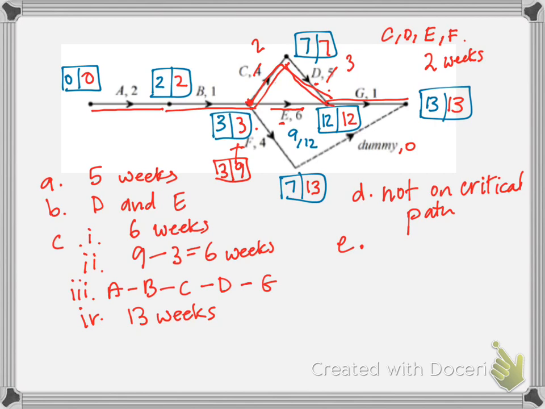Well, yes, there is, because we're also told that we're allowed to reduce E. Now, you're going to have to ask yourself, would I reduce E by 1 or 2 weeks? I've already reduced C and D the maximum amount, and that C and D is going to take me 5 to do. So there's not much point reducing E by more than 1 week. So I'm going to reduce E to 5. So overall, in total, I've reduced those activities by 5 weeks. That's what I'm going to end up paying for.